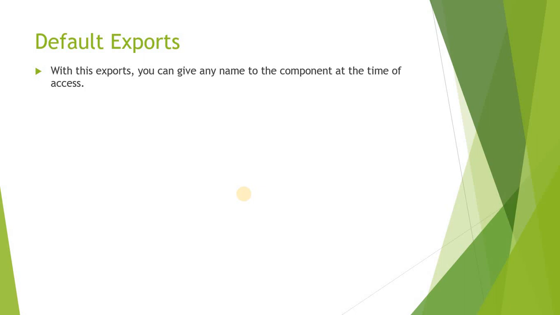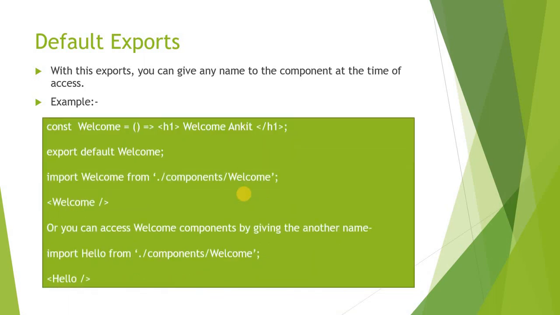So if you want to create a functional component with the name welcome, and you use the default export, export default welcome, you can give your component another name. You can access it using the same name, like the welcome component with the same name, or you can give another name to the welcome component.